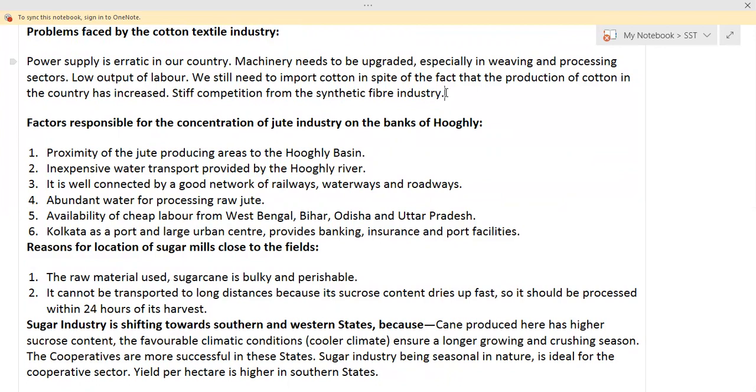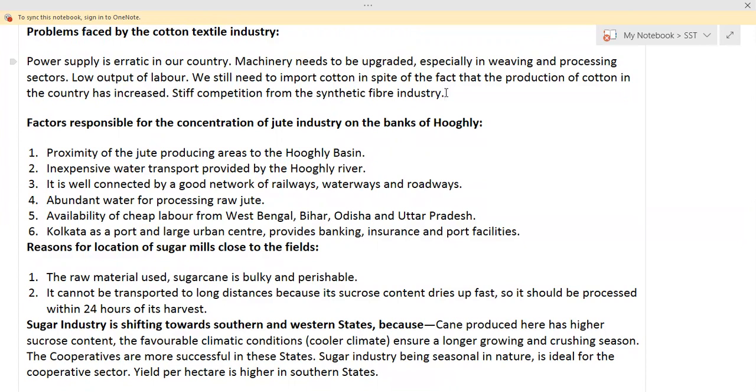Power supply is erratic in our country. Why? Because power supply is very erratic, which means it is very unstable. Machinery needs to be upgraded because it causes noise and electricity is used in the weaving and processing sectors.